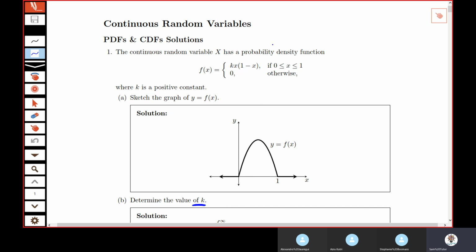Well, what do we know about the cumulative distribution function? What do we know about our CDFs, and how are they linked to our PDFs? What's the link between them?